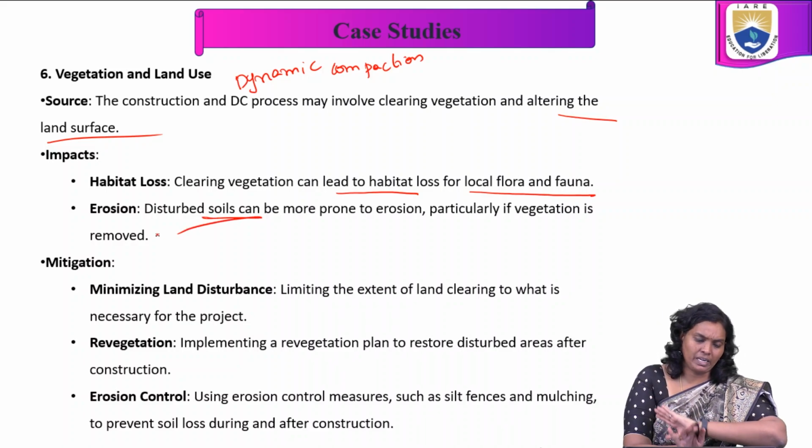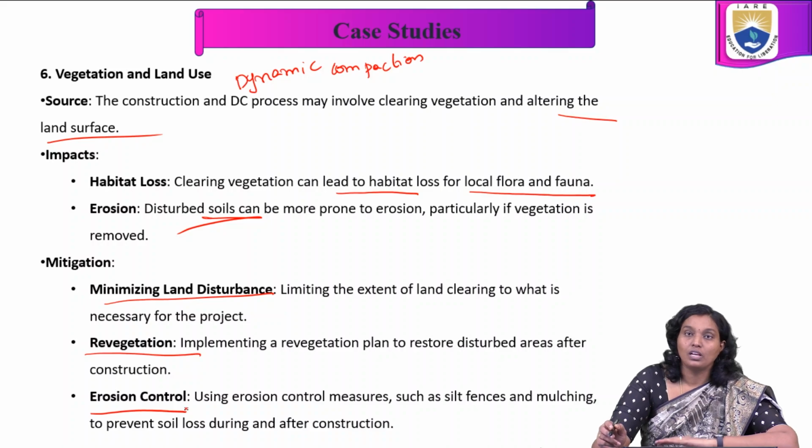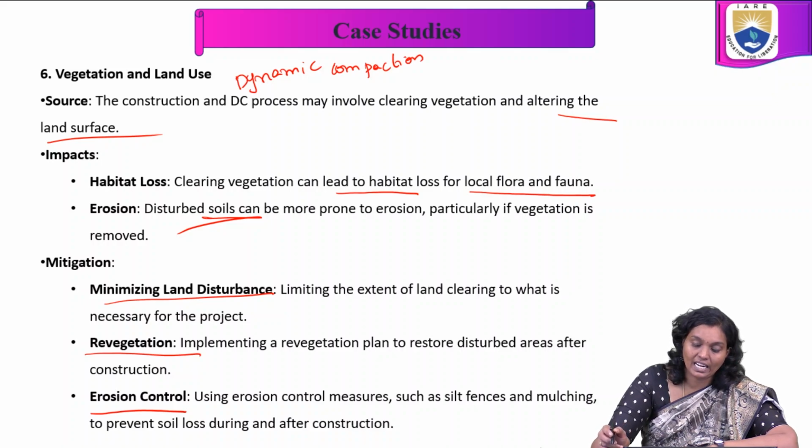In this, the remedies are minimizing land disturbance, revegetation, and erosion control. Limit the extent of land clearing to what is necessary for the project. So we have to limit it and minimize land disturbance as much as we can.